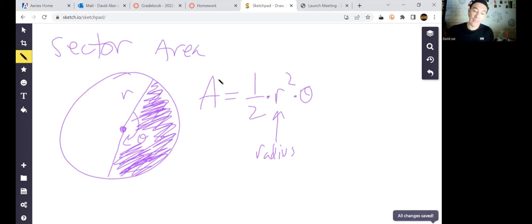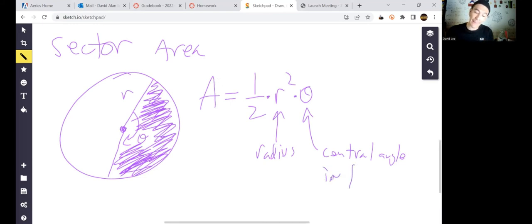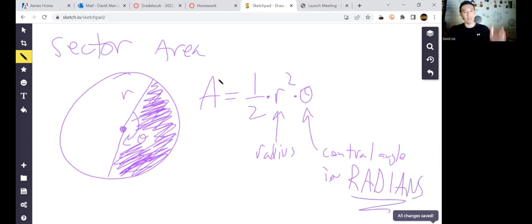And theta is what you call your central angle, because it's an angle at the center. But check this out: the angle must be in radians. If it's in degrees, you have to convert from degrees to radians. Then you get something that represents the area.